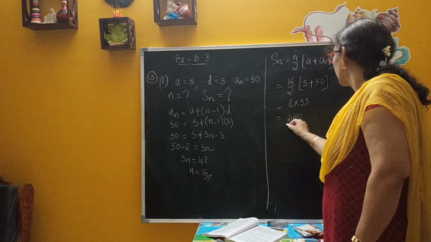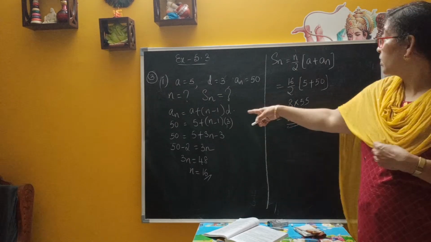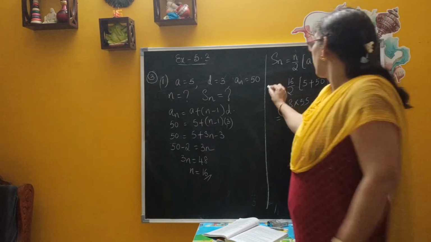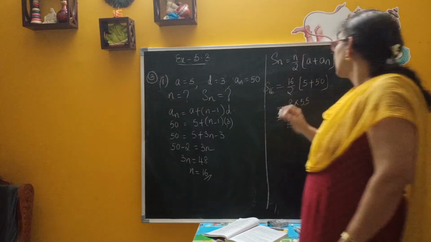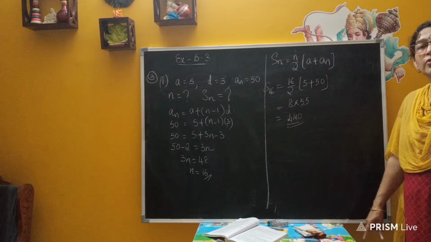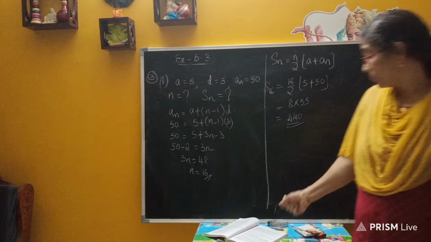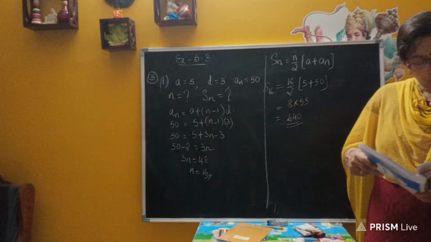It is 440. Okay, so Sn value, or S16, is how much? It is 440. S16 is equal to 440, sum of 16 terms of this AP. Okay, 440. Next.